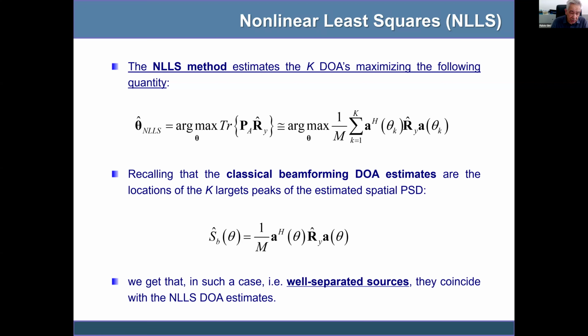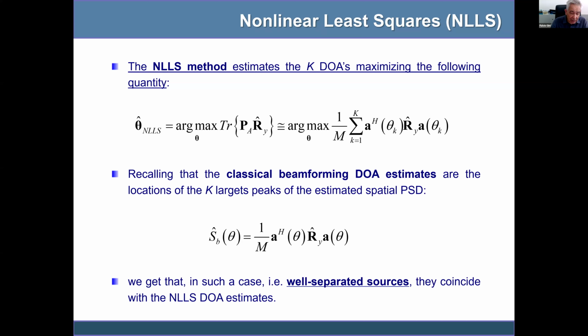It is not k-dimensional, where k is the number of targets. The single k-dimensional search is replaced by k one-dimensional searches, because we have just to search for the location of the k largest peaks in the estimated power spectral density.